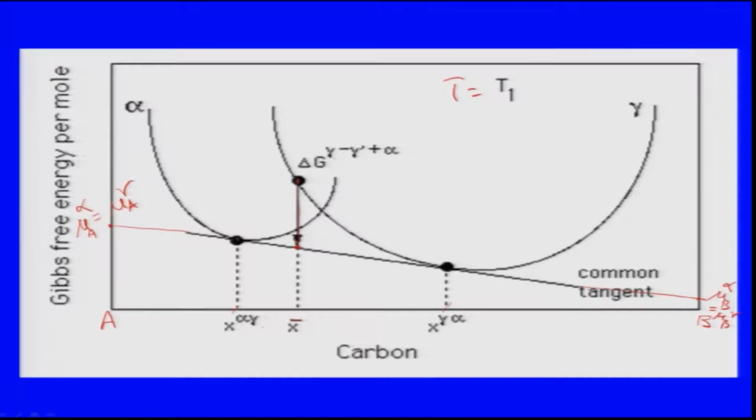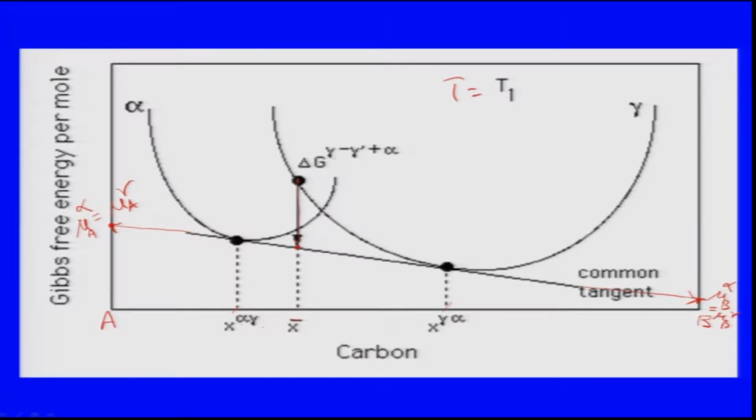The stability condition is obtained easily by extending this tangent to both the vertical axes. They will meet at μA on the vertical axis. This point is given by μA alpha because this is a tangent to alpha. Similarly, it is a tangent to gamma, so this is also equal to μA gamma, and they are sitting on the same point, therefore their values are equal. Similarly, on the right axis μB alpha is equal to μB gamma.